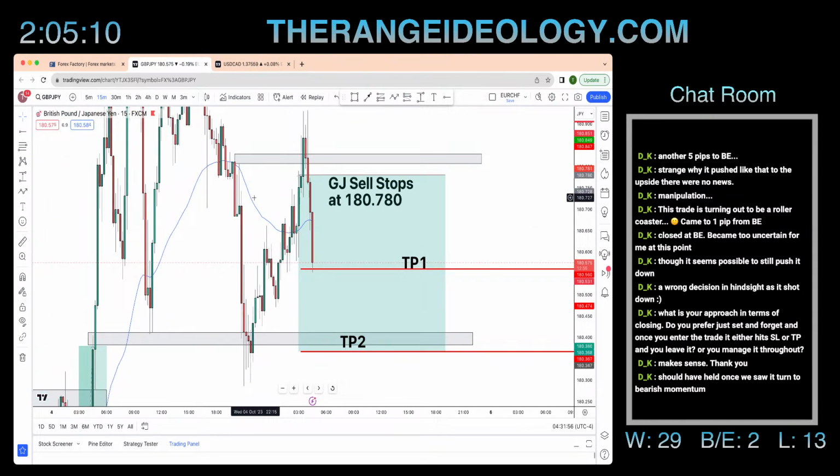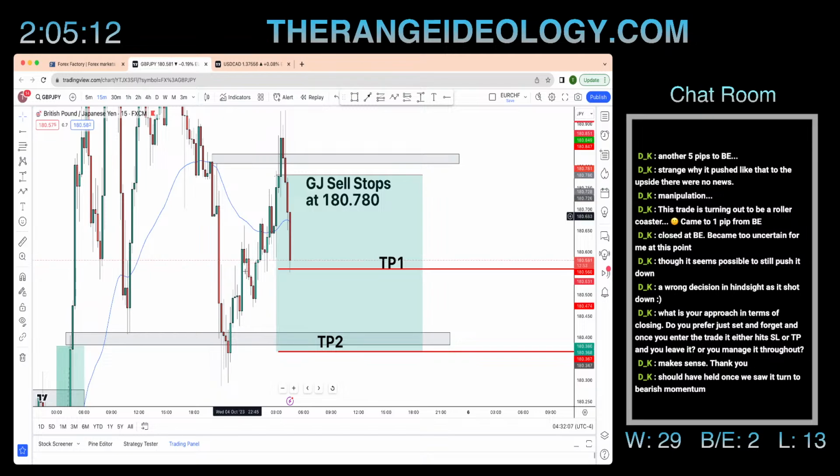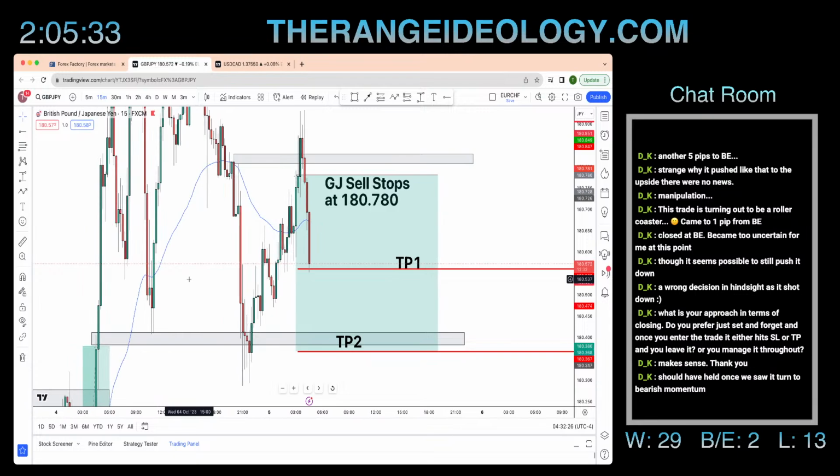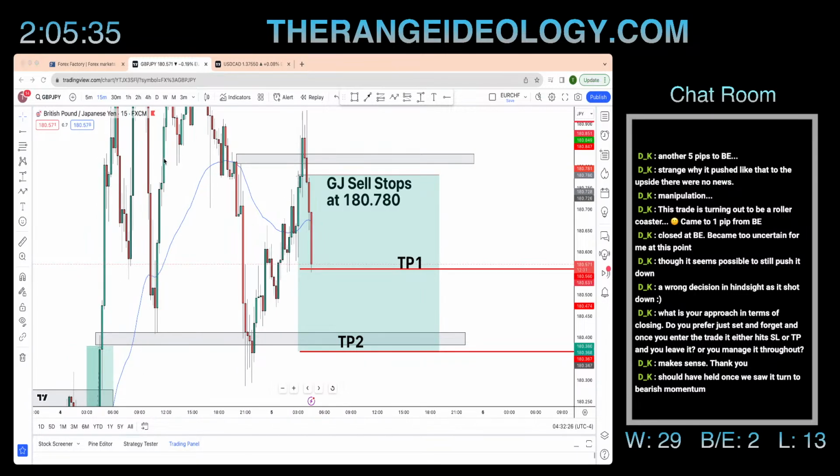Amazing push down. Use as catalyst, and look at the result here. Okay, still waiting for another push here, so we can get our profit target here.